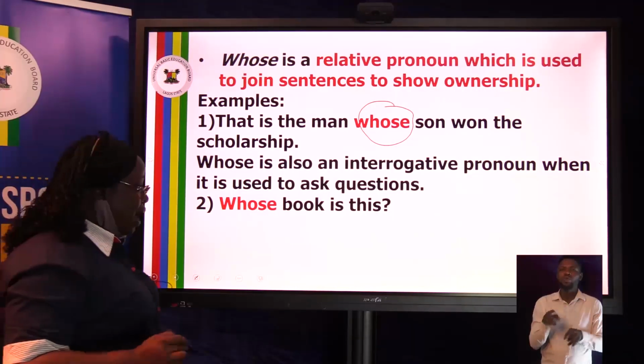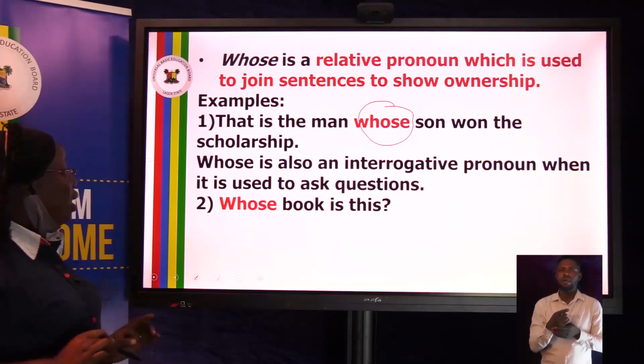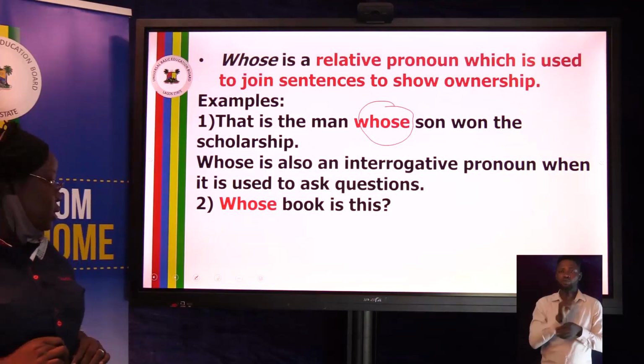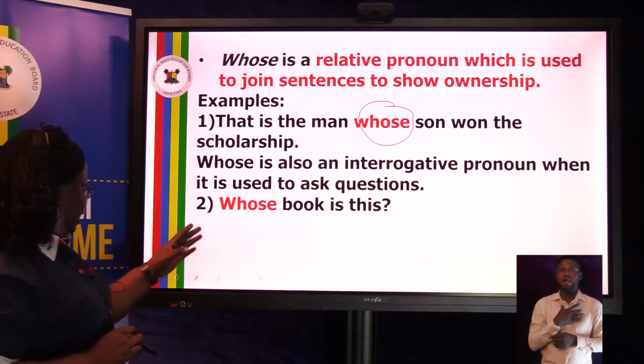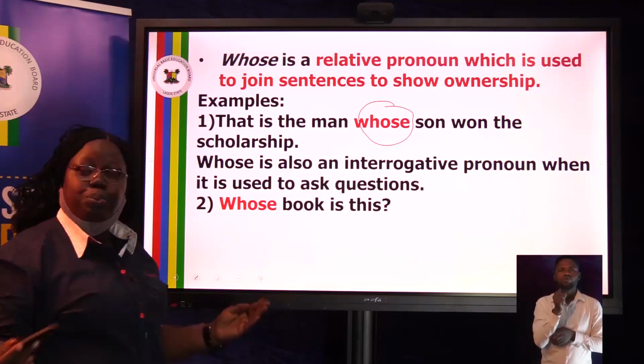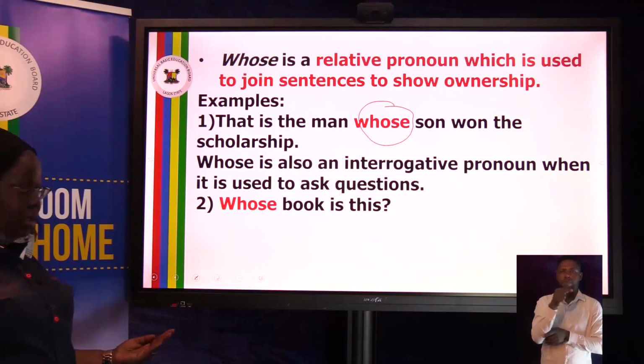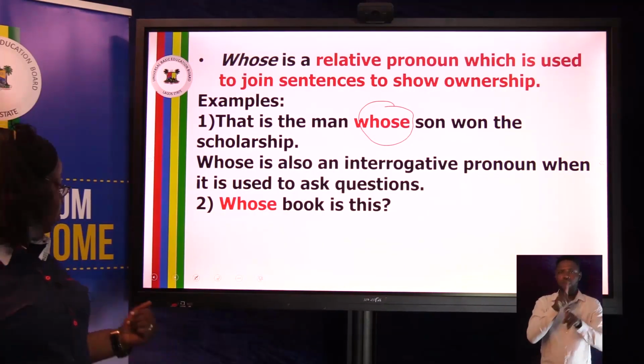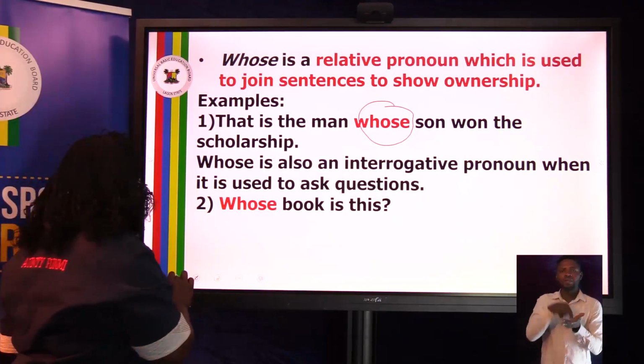Whose is also an interrogative pronoun when it is used to ask a question. An example of that is, whose book is this? With a question mark. It is interrogative.